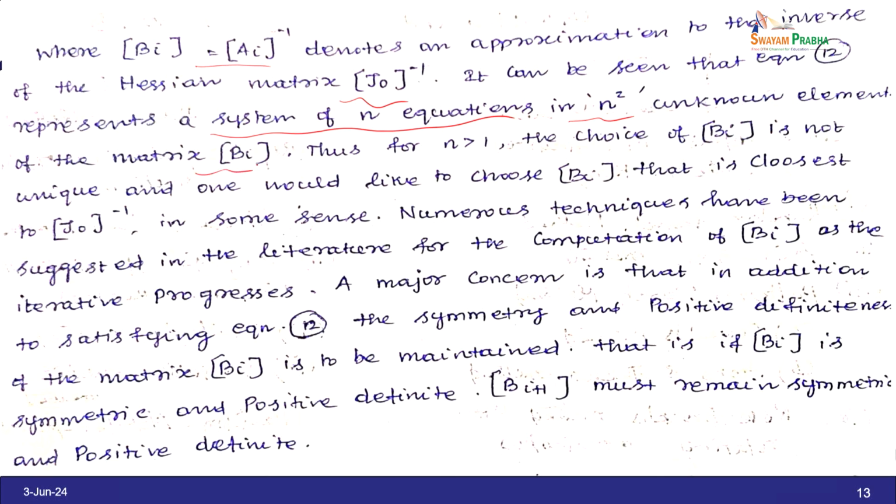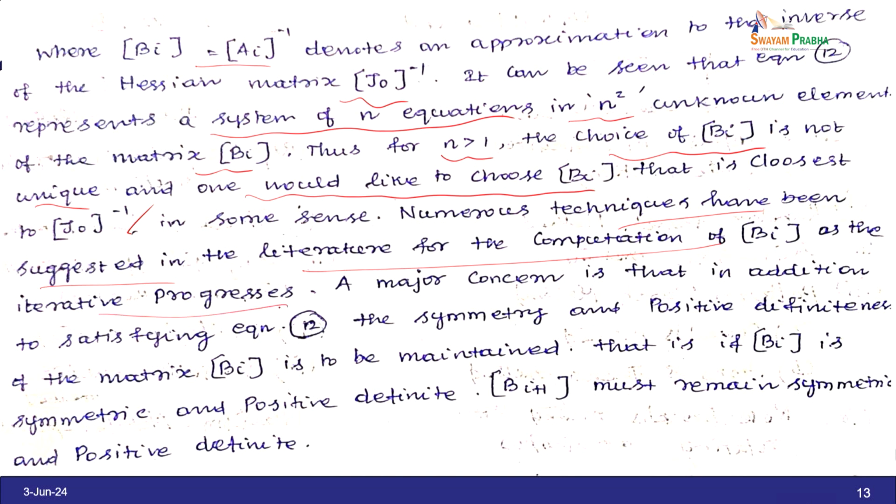Thus, if n is greater than 1, the choice of B_i is not unique and one would like to choose the B_i that is the closest to J naught inverse in some sense, and numerous techniques have been suggested in the literature for the computation of B_i as the iteration progresses.